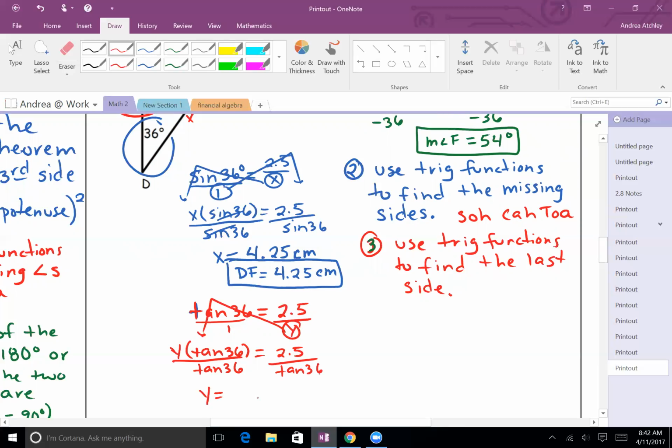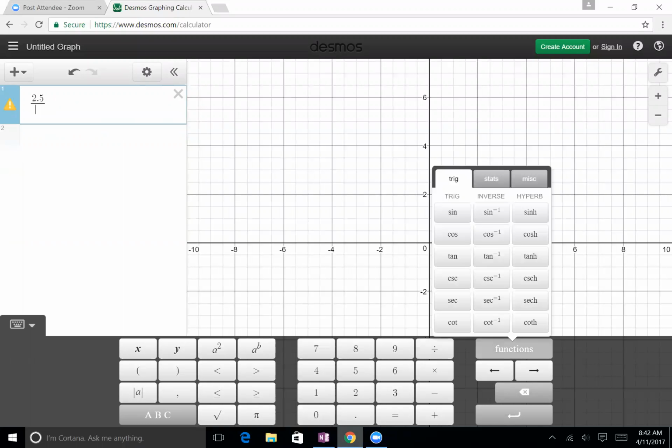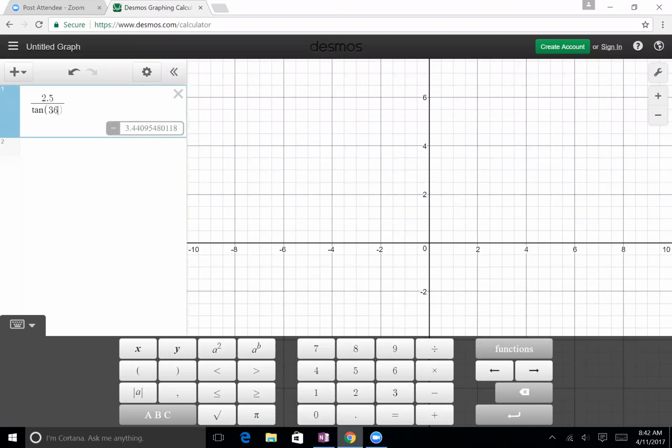We get y equals, let's go back to our calculators. 2.5 divided by tangent of 36. And I have 3.44.